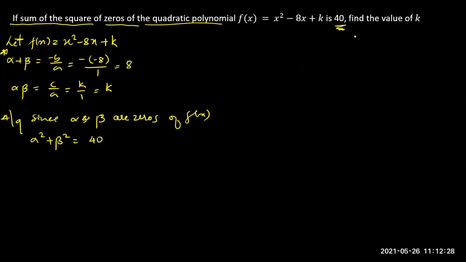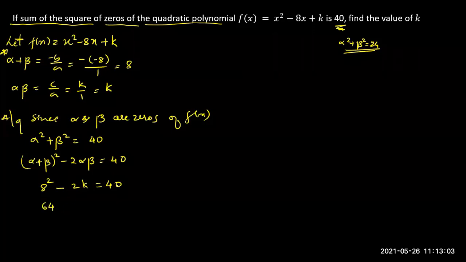In the last example, they gave alpha square plus beta square equal to 24. So instead of the direct expression, they gave a statement. That statement we need to convert and write as an expression. So now it is alpha plus beta whole square minus 2 alpha beta is equal to 40. Alpha plus beta is 8, its square is 64, minus 2 into k is equal to 40.